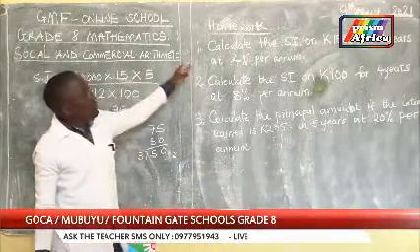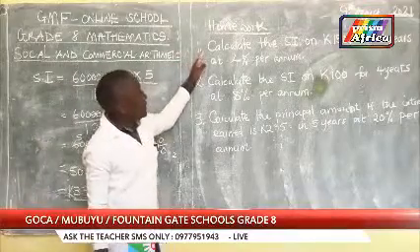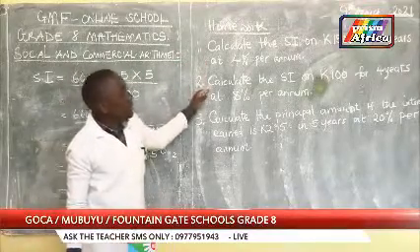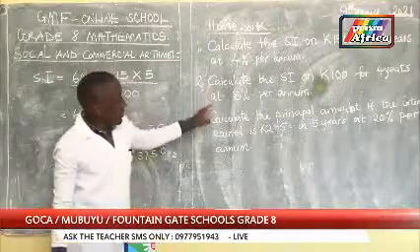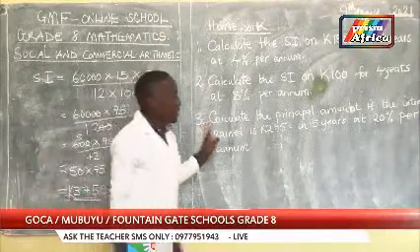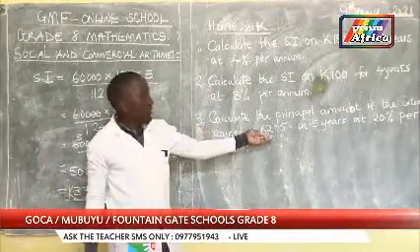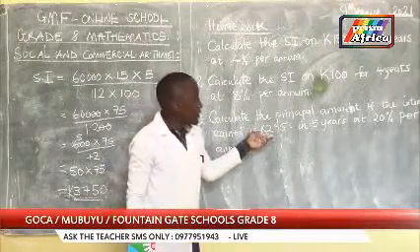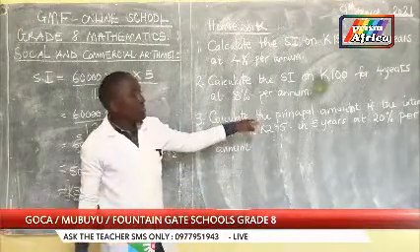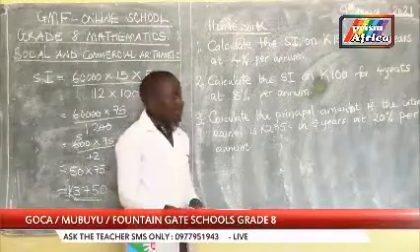So for the first question, you should calculate the simple interest. Then the second question, also calculate the simple interest. Then for the third question, the interest you have been given is 275 kwacha, so what you should calculate is the principal amount.